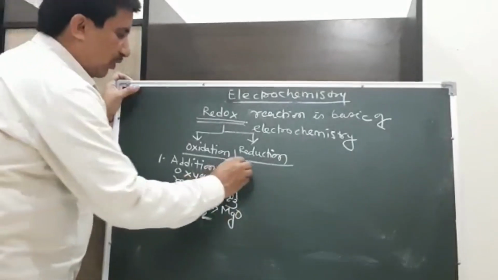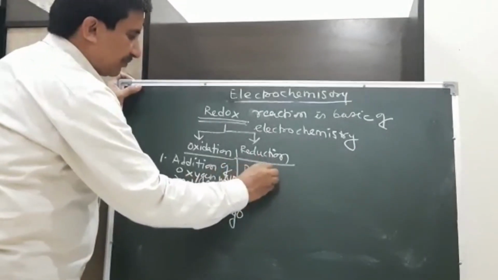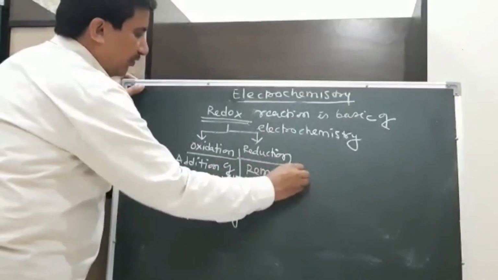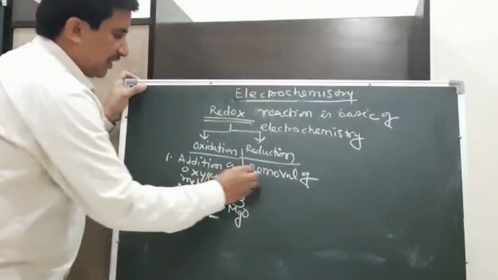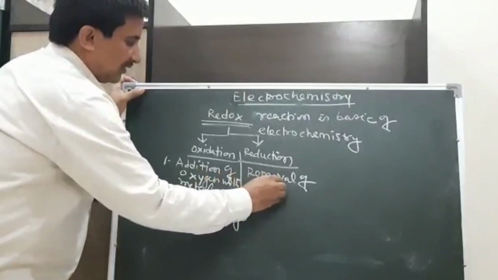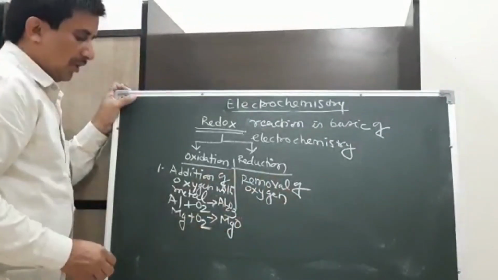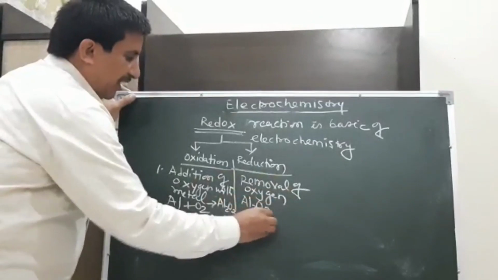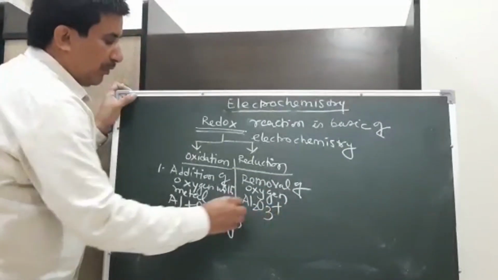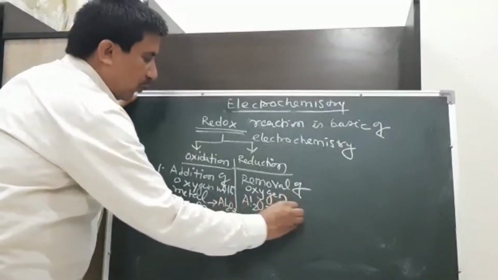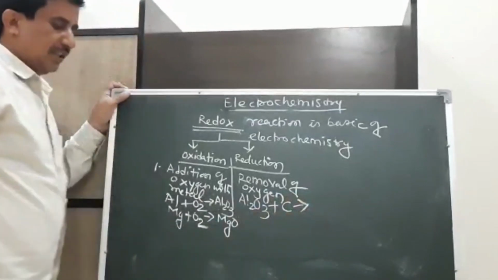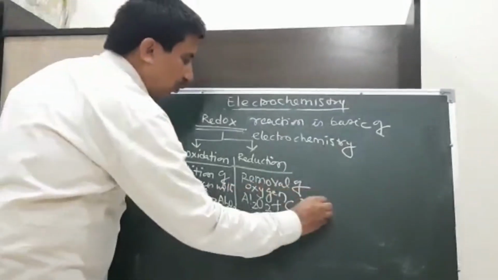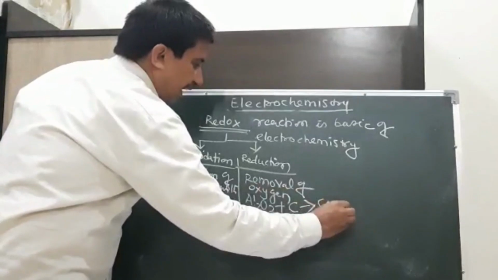While reduction is the removal of oxygen. Suppose I am heating alumina, Al2O3, aluminium oxide, with coke or carbon, then it gives us CO2 plus aluminium.